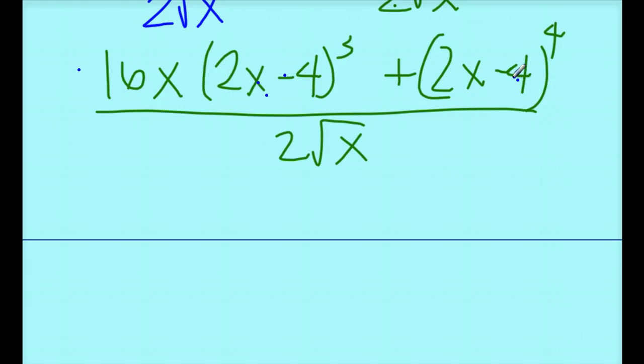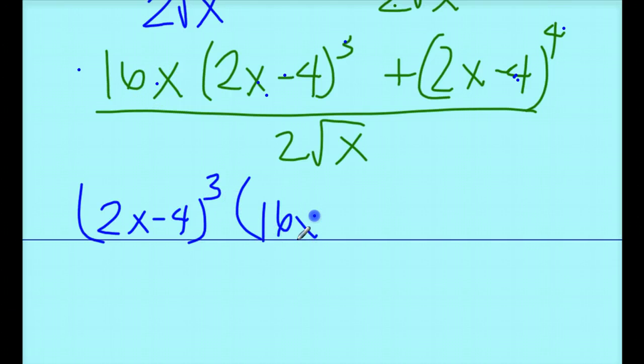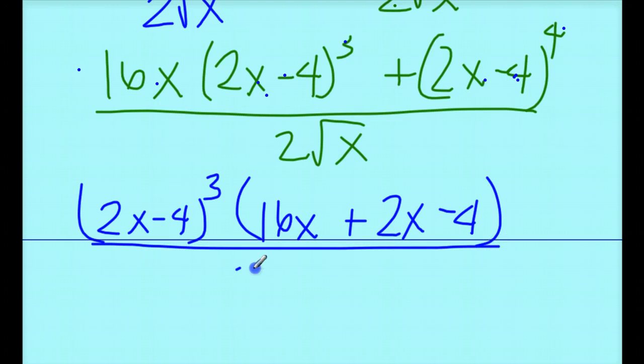So let's pull one of those out, and I get 2x minus 4. But instead of pulling 1, I have 3 here and I have 4 here. So let's pull out 3 of them. And what's left over here is a 16x. And left over here is one set of 2x minus 4. Set this, make that down here.